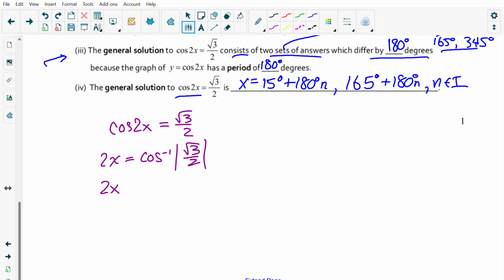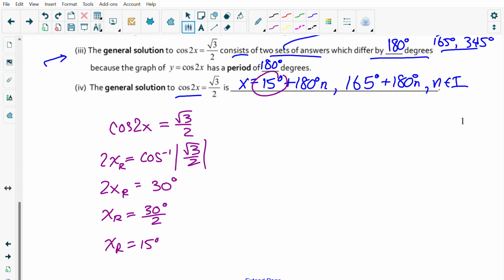And let's call this the reference angle, right? So that is 30 degrees. The reference angle is, I'm going to divide both sides by 2. So that's 30 degrees divided by 2. Reference angle equals 15 degrees.